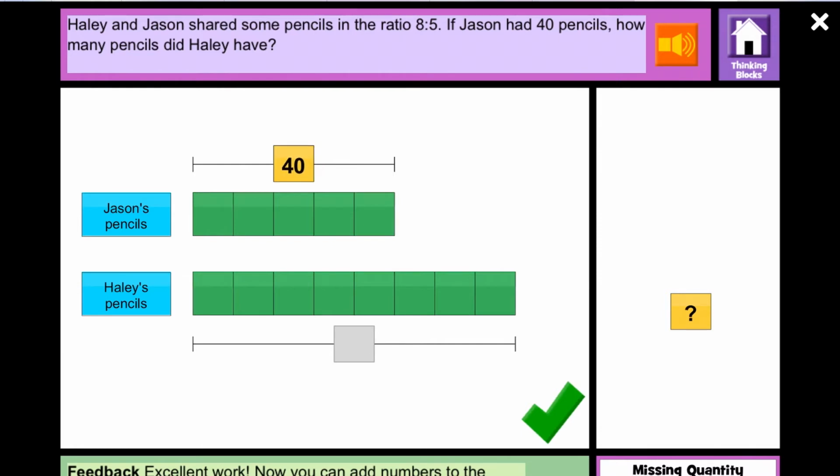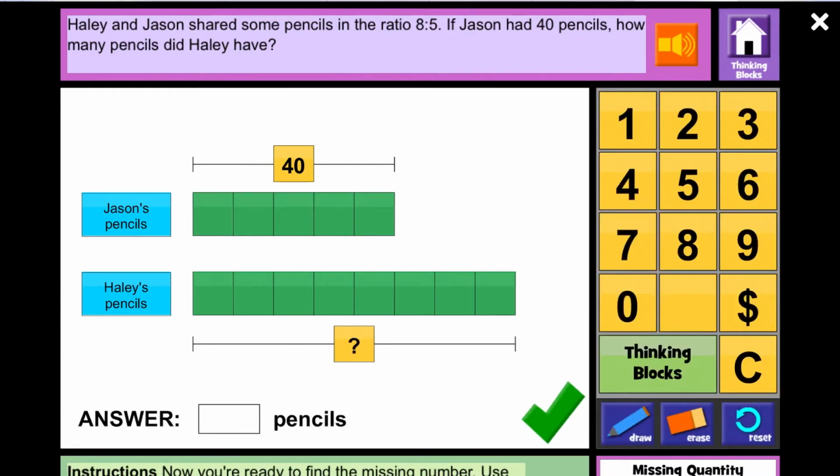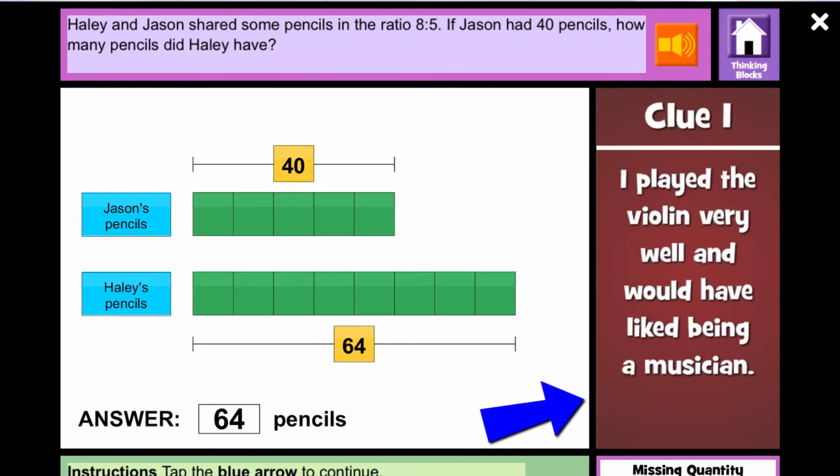Well, 40 represents Jason's whole, which I recognize I can equally share 40 into those 5 boxes by dividing 40 by 5. So each individual box represents 8, and if Haley has 8 boxes, then she has 64 pencils. Awesome.